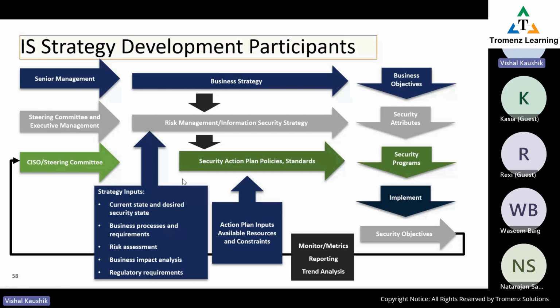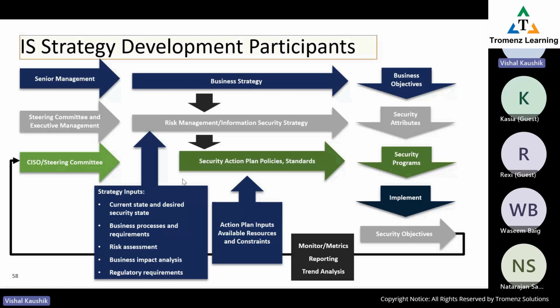If you look at the flow, you look at the business objectives, we have the business attributes, the security programs, and the implementation. All that will come up with creating what we talk about as the security objectives. So business processes must be considered along with the organizational risk, including regulatory requirements, things like risk analysis and associated impact to determine the protection levels and priorities.